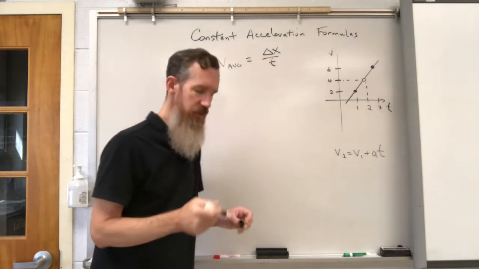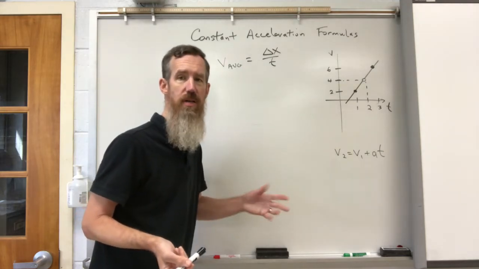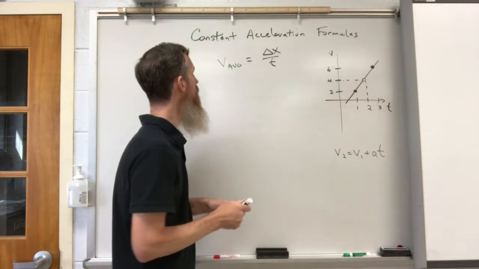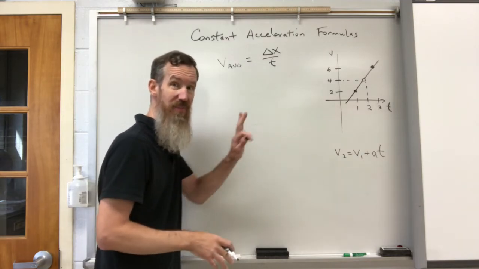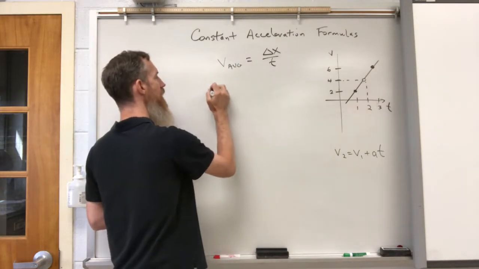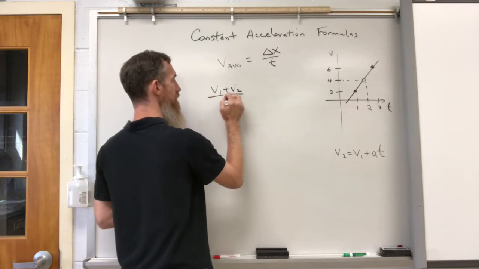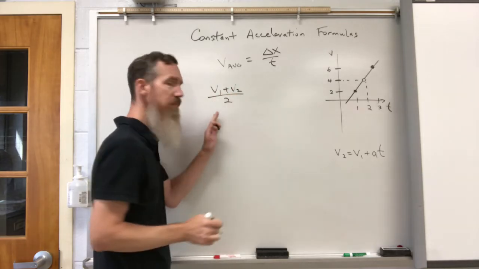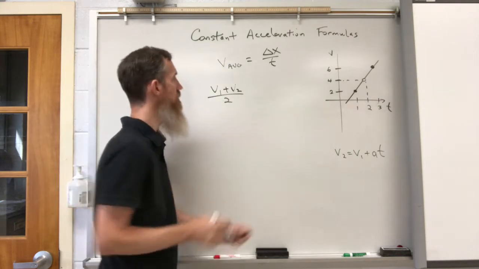And this will work for any situation so long as the acceleration is constant. So what we can do here, unlike what I warned about earlier in the course, is I can actually say, well, average velocity is literally the mathematical average. But again, this only works if acceleration is constant.